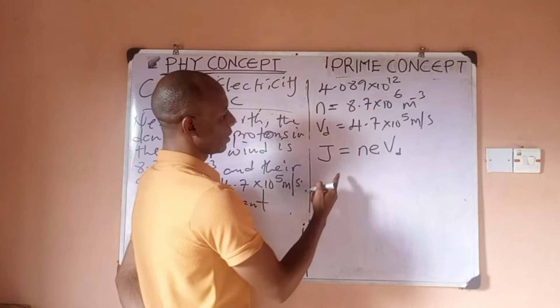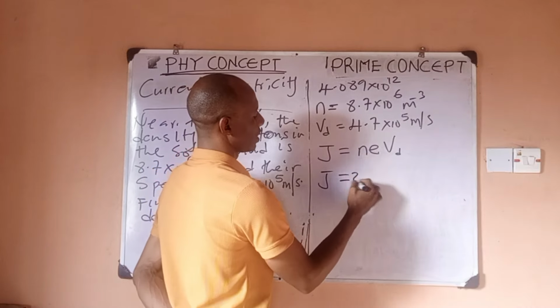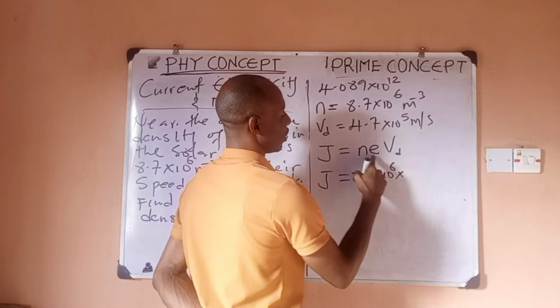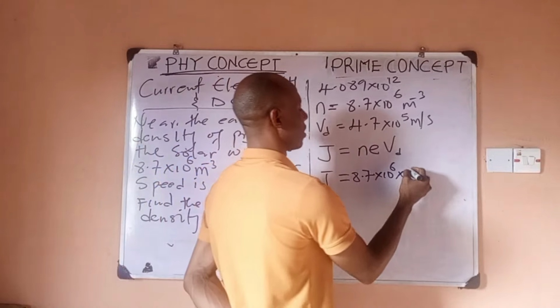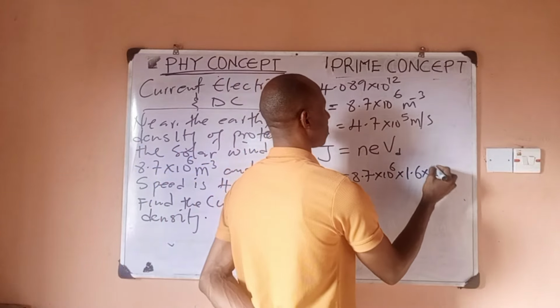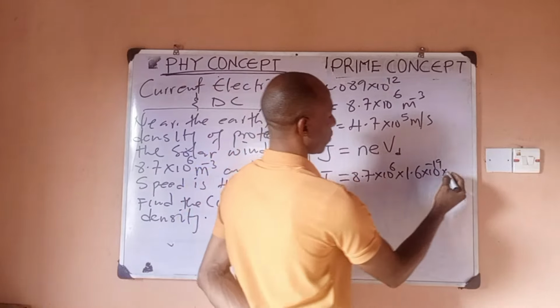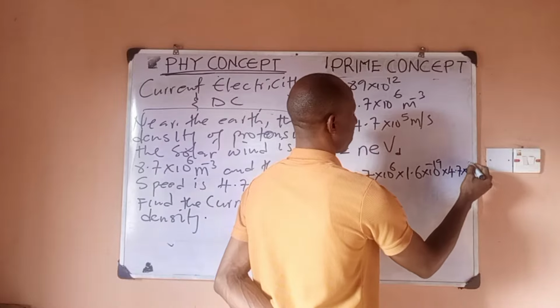So very quickly, I know that J is going to be N, which is 8.7 times 10 to the power 6. E is charge of electron or proton, because they have the same charge, which is 1.6 times 10 to the power minus 19. Then VD is 4.7 times 10 to the power 5.